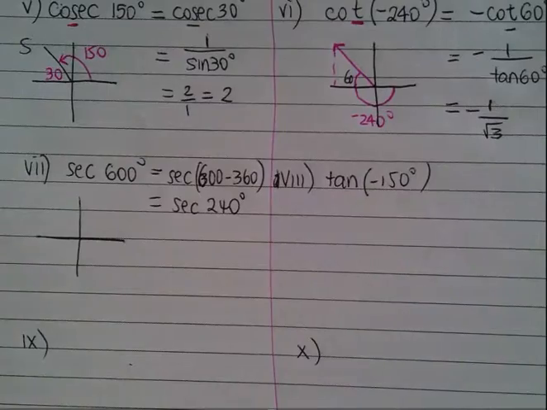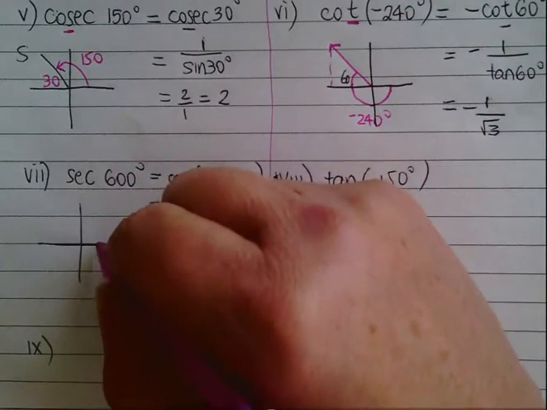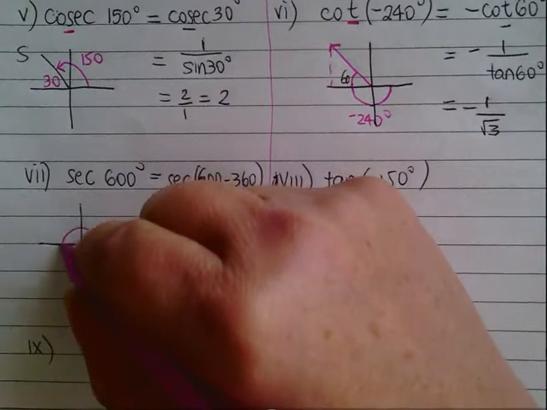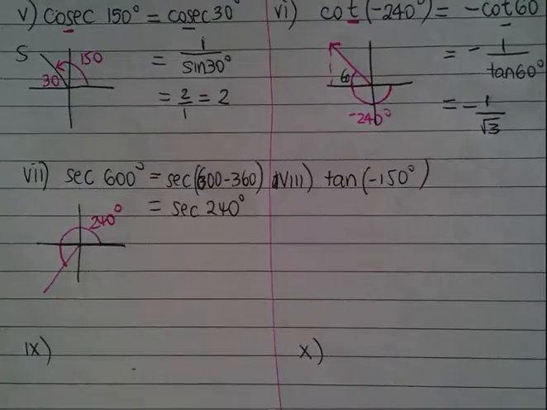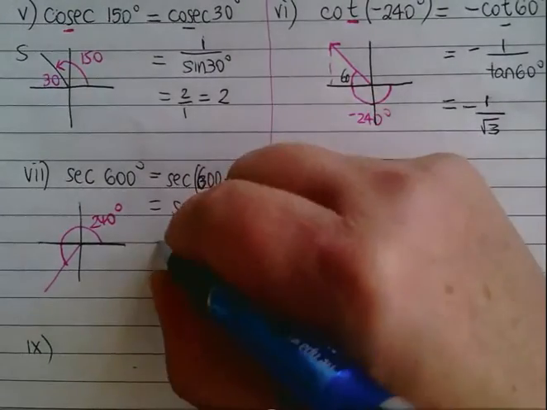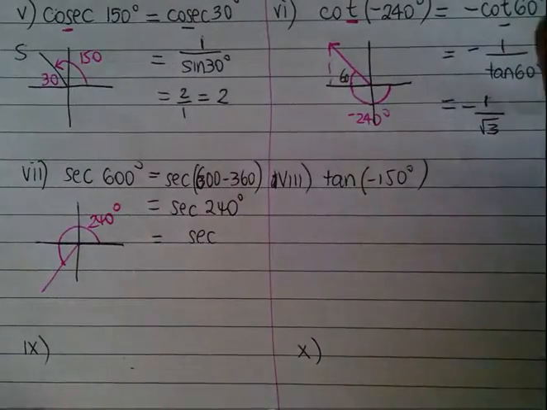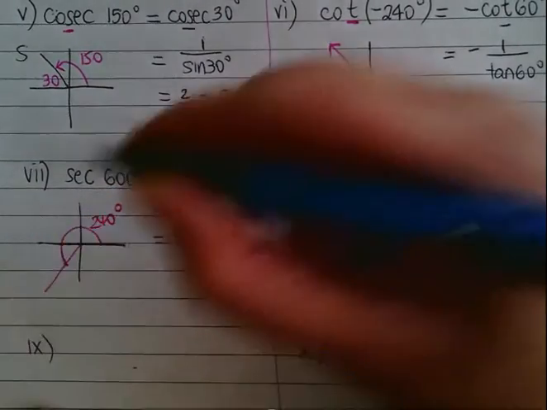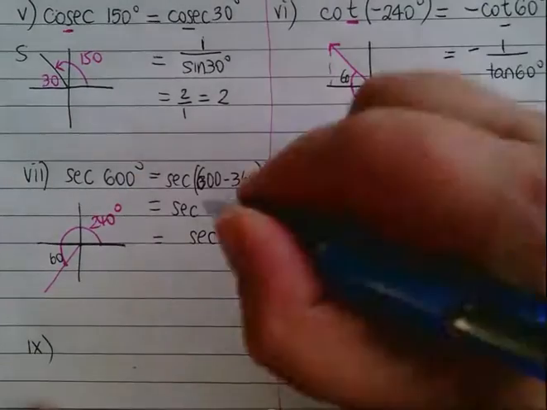So how are we going to get there? The normal way. 90. There's your 240. All right, you've got to tell me, is it positive or negative something? All right, what's this angle in here? All right, so it's sec 60, positive or negative?